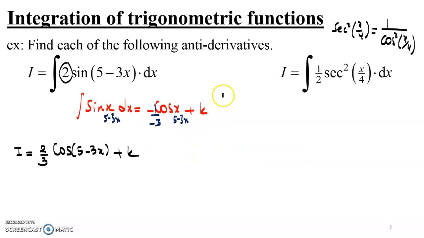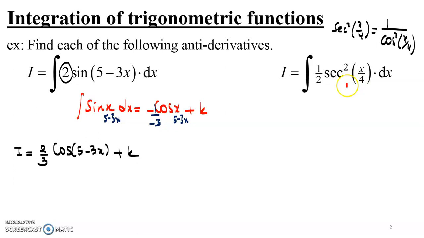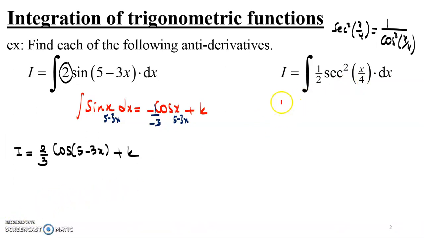So over here, again, using the compound formula. I'm using the compound formula here because x over 4 is a linear expression. It is in the form ax plus b, where a is 1 over 4 and b is 0. So going back to the rule in our table of integrals, the integral of secant squared x dx is in fact tan x plus k.